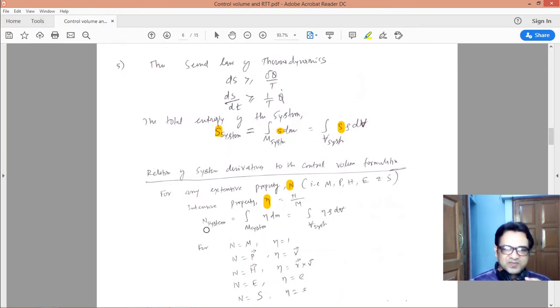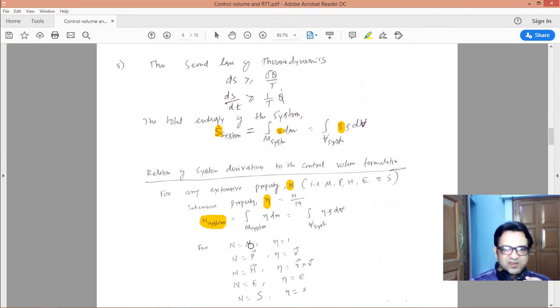So N of the system is equal to the integration of eta dm for the system. So it's a volumetric integral. dm we can express in terms of rho into dV into eta. Volumetric integration will give you the extensive property for a system.